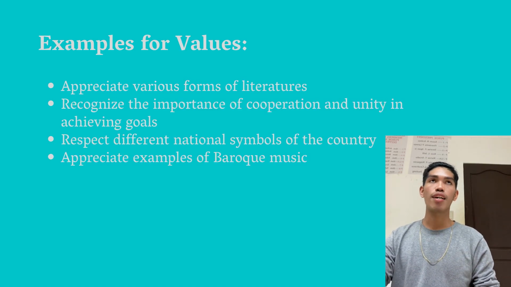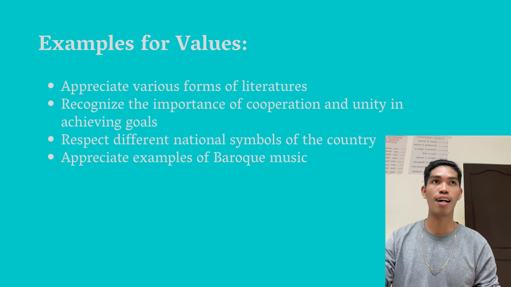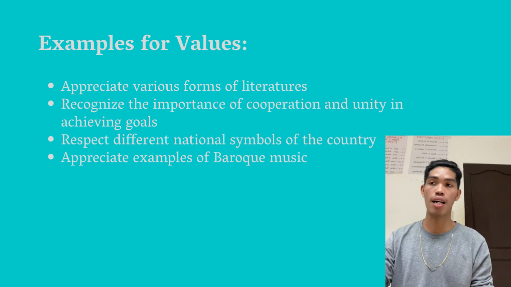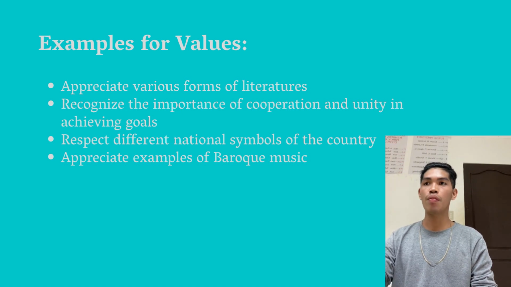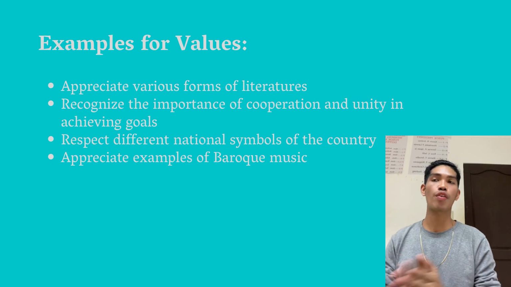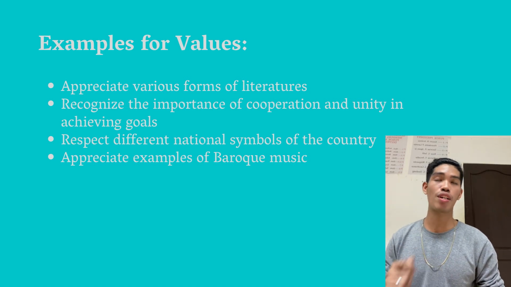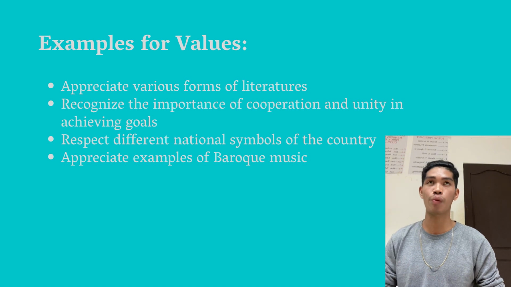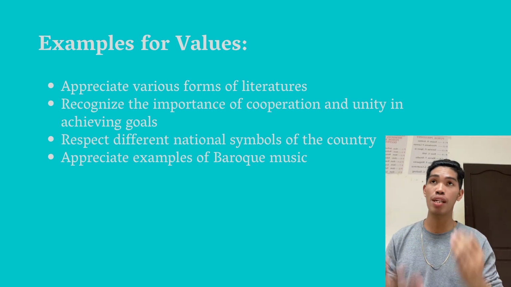Next, we have the examples for values. Values really focus on specific behavior that we must realize or practice. For examples of values, we have appreciate various forms of literature. There is an acculturation process wherein we tend to appreciate the various forms of literature wherein different cultures have been observed.